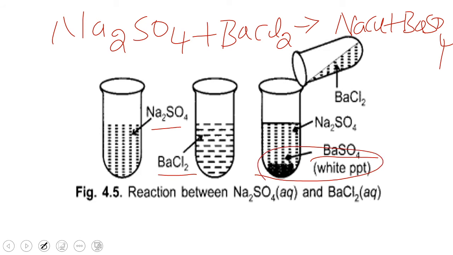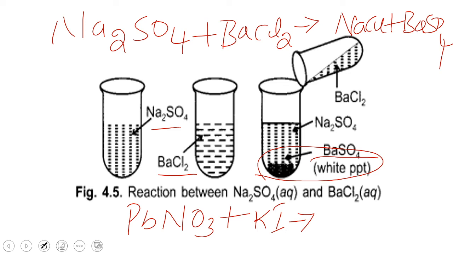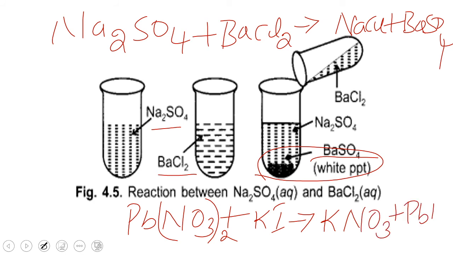Yesterday also we discussed such a type of reaction in chemical equations. That is, lead nitrate, Pb(NO3)2, plus potassium iodide gives rise to potassium nitrate, KNO3, plus lead iodide is formed.